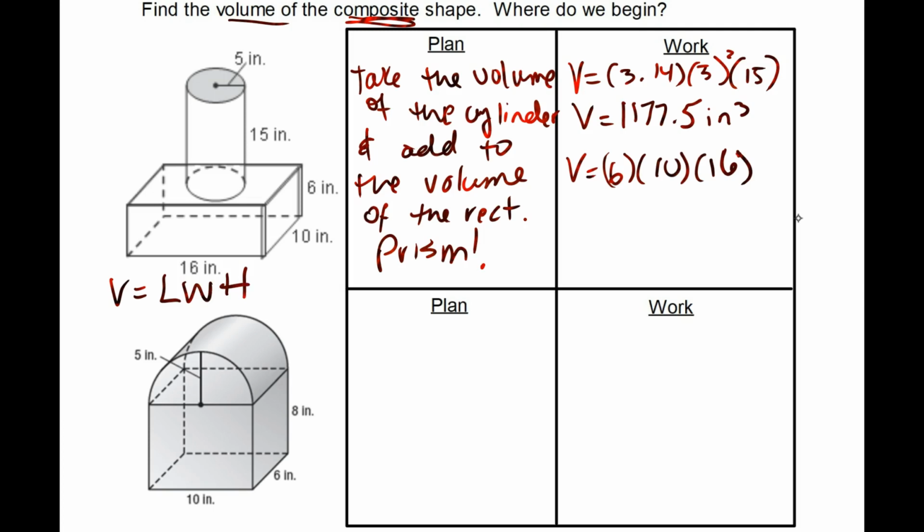And so that's going to be 60 times 16, which is 960 inches cubed, and we just add them together. 960 plus 1177.5 gives us the total volume. Total is going to be 2137.5 inches cubed.